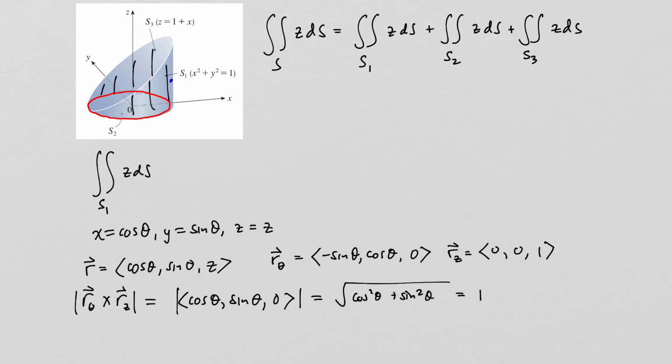So the magnitude of r_theta cross r_z is 1. That's super simple. So now we just have to take the double integral over our region D. Okay, now we have to describe that region. And then we're going to have the function z, which is actually z. And then it'll be dz d theta.